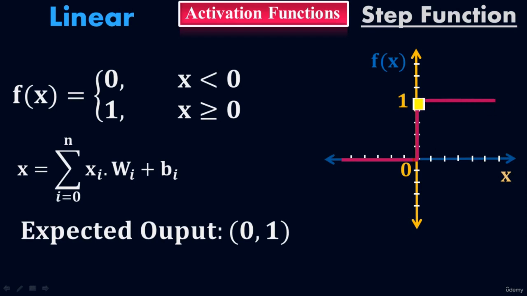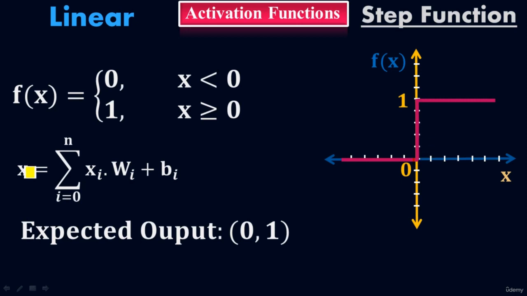The output will be only 1. Remember, this is the 1. It doesn't mean that we have 1, 2, 3, 4, 5. This point means 1 only. From here up to here we have only 1 point. These are the small sub points here.